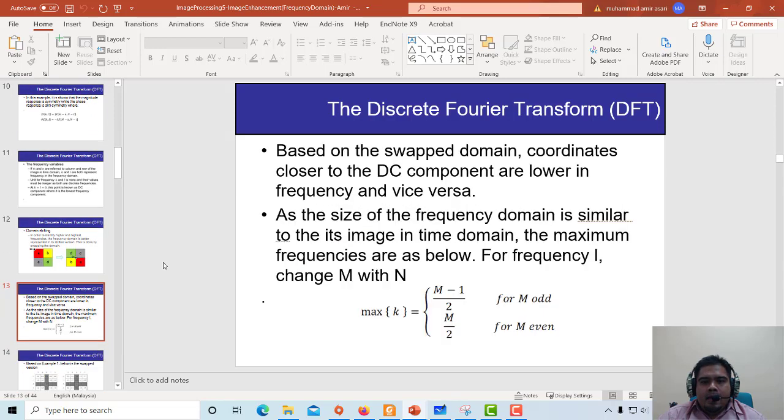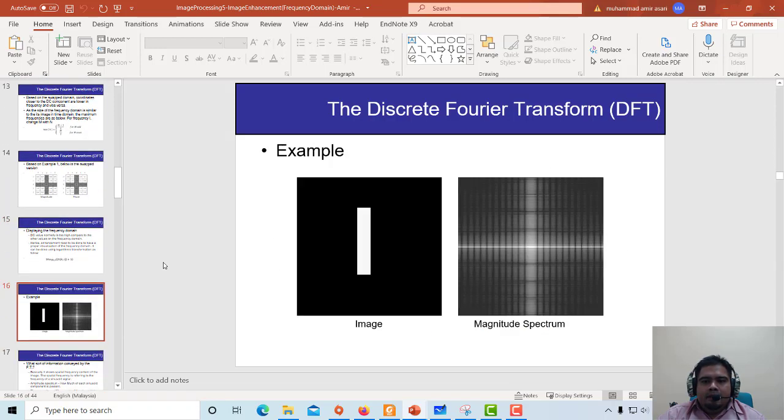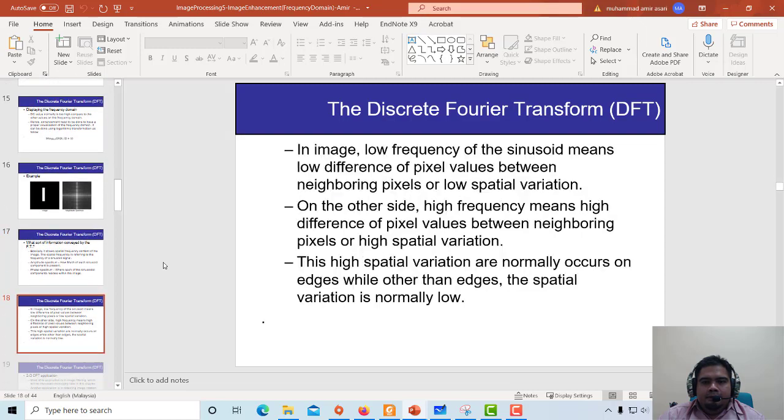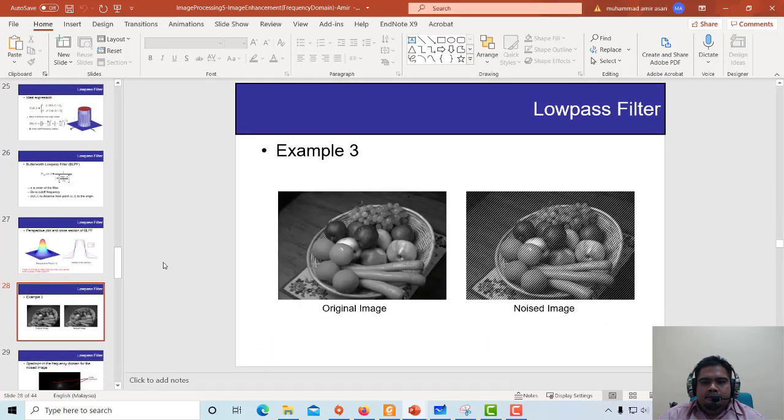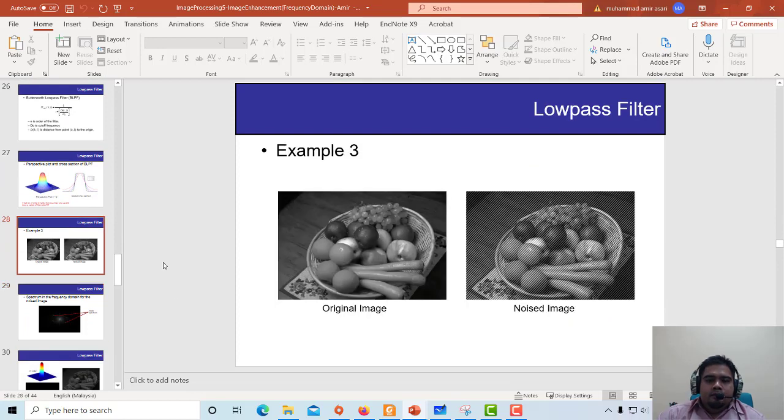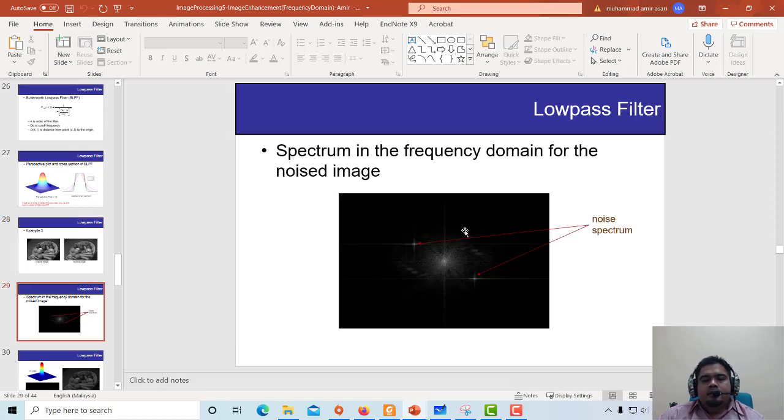So let's go to a practical example. I don't want to discuss this one. Let's go to the practical example, like this one. This is your input image. If you apply the Fourier transform in order to convert it from the spatial domain into the frequency domain, it will become like this.